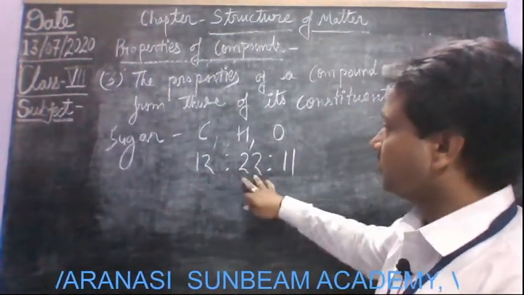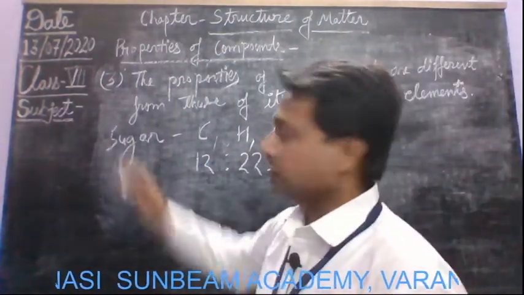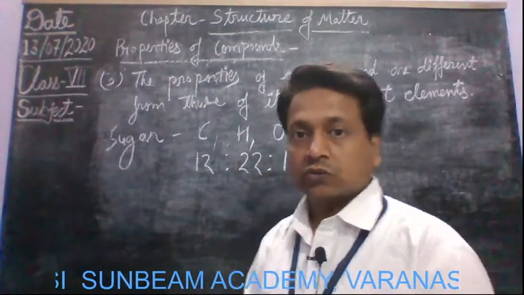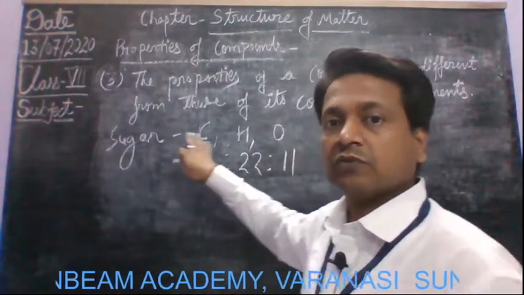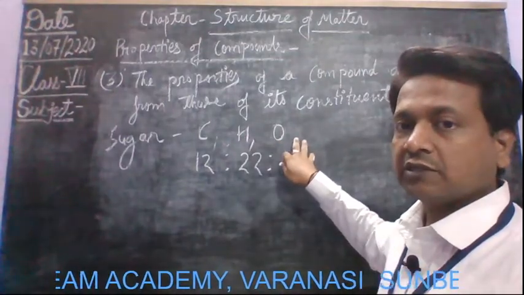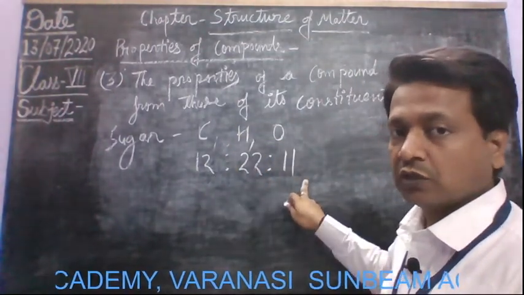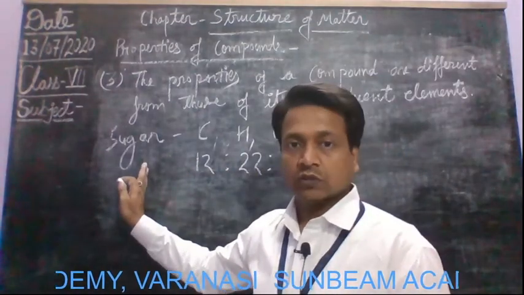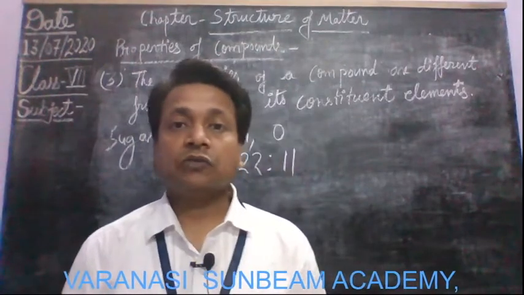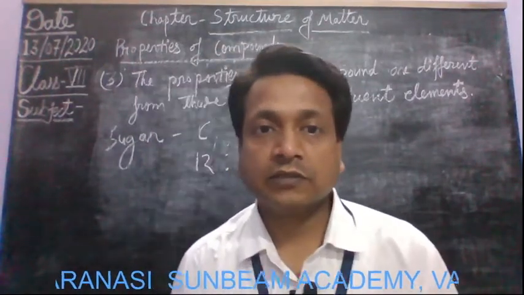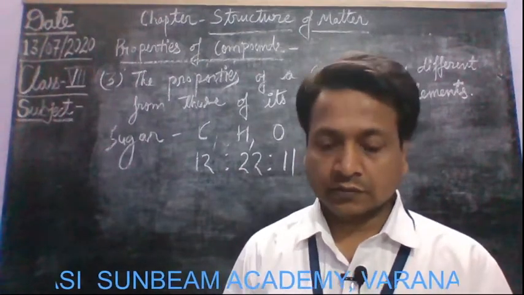So sugar is a compound made up of three different elements, and these elements are present in this ratio in the molecule of sugar. So children must remember the ratio of the different elements present in the molecule of sugar.